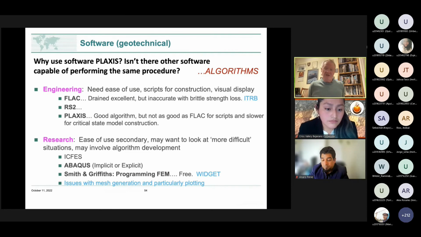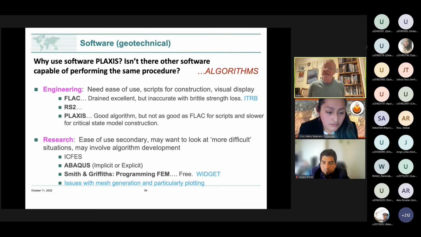If we go to research, and by that I mean universities, then ease of use is secondary. You've got graduate students who can spend as long as necessary on the problem. And if we're in academia, we may want to look at better algorithms or more difficult situations. Imperial College, ICFS, they have their own program.